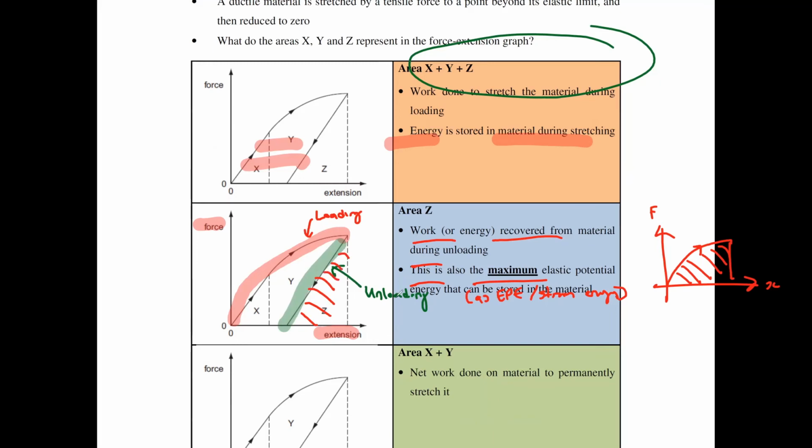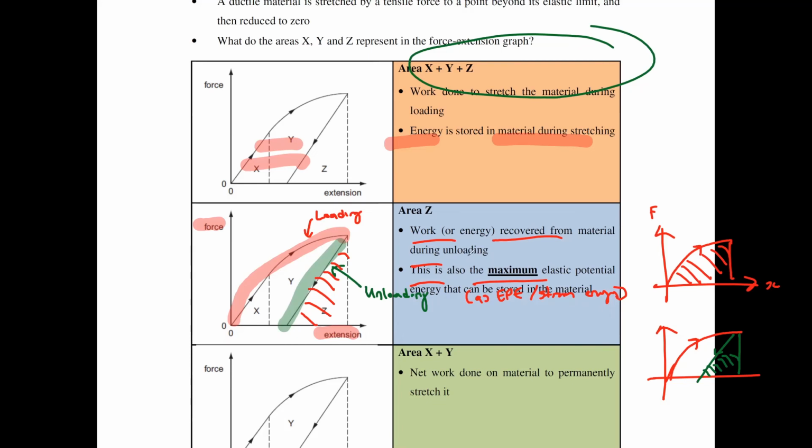Now, area Z is this one. Then I redraw it for you. It's actually representing this part here during the unloading. So that area Z that you have here is actually the work or energy recovered from the material during unloading.